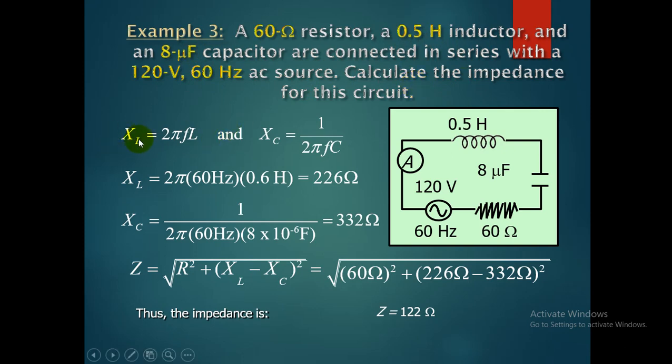Here we have to find XL and XC one by one. After that, putting them in the Z equation, we immediately get a value of 122 ohm. A very simple calculation. There is one ammeter, and a source of 60 Hz, with 60 ohm and 0.5 Henry given like that.